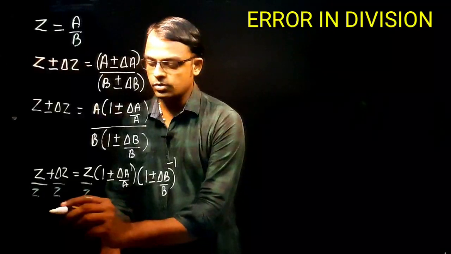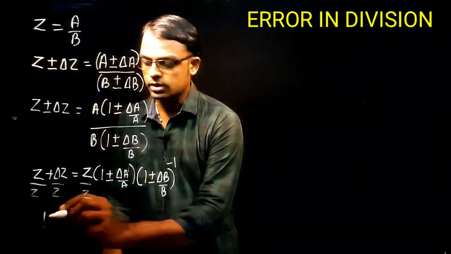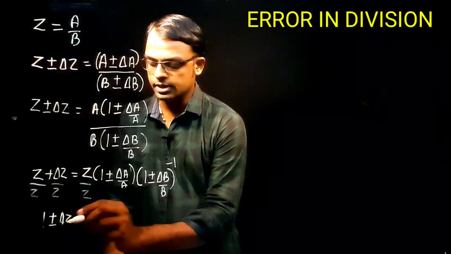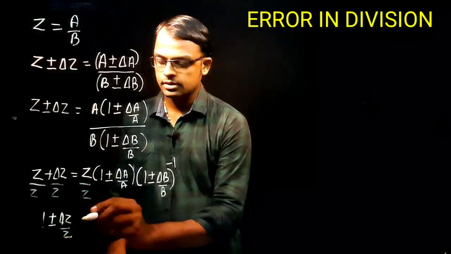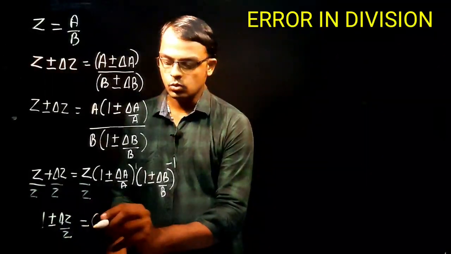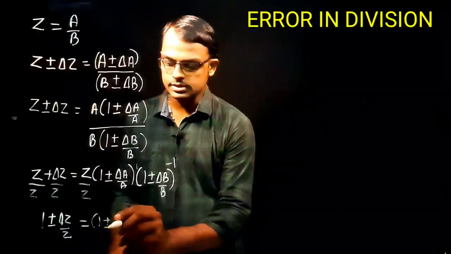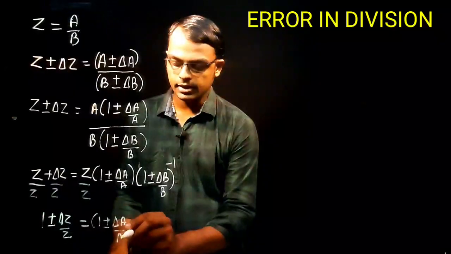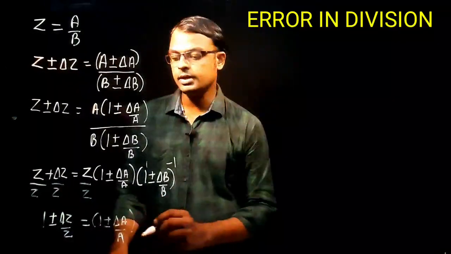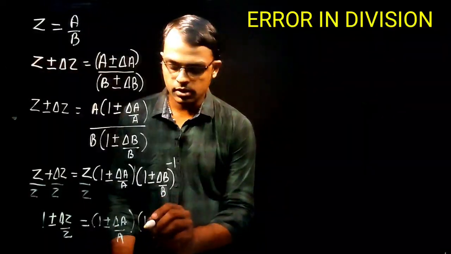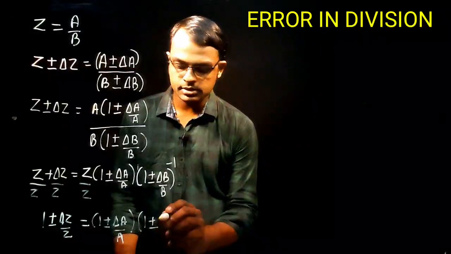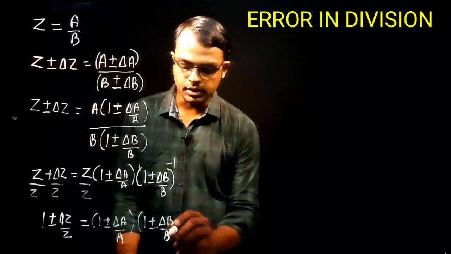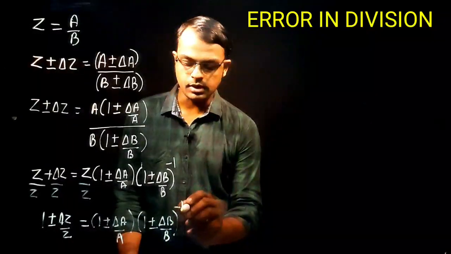So I can write this equation as 1 plus or minus delta Z by Z is equal to 1 plus or minus delta A by A, and here 1 plus or minus delta B by B, all to the power minus 1.